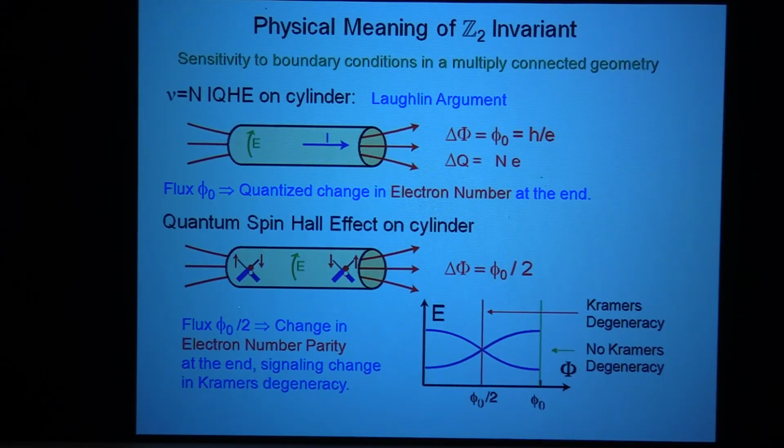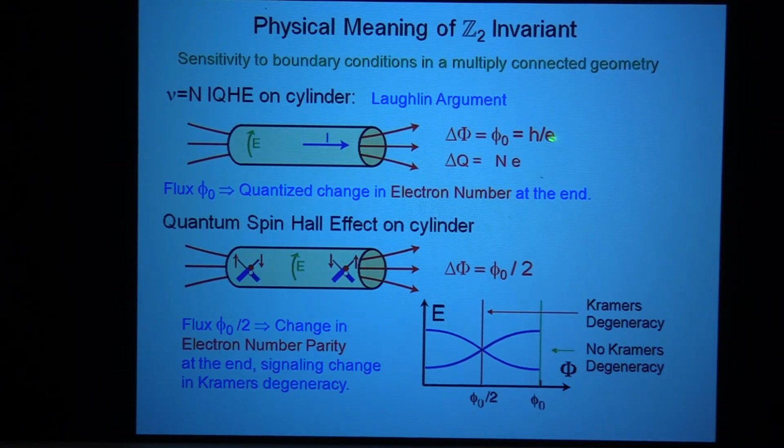So what happens is that when I thread half a flux quantum, I'm going to transfer half of an up spin to the right, and half of a down spin to the left. So at the end of the day, I have changed the local spin at the end by a spin a half.